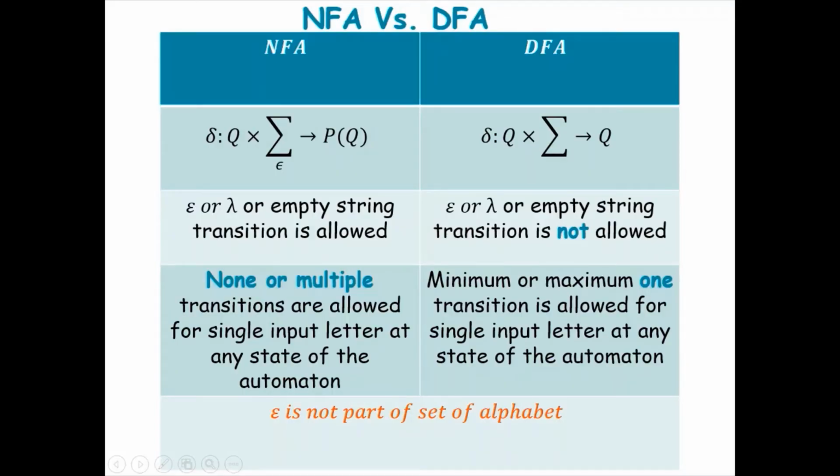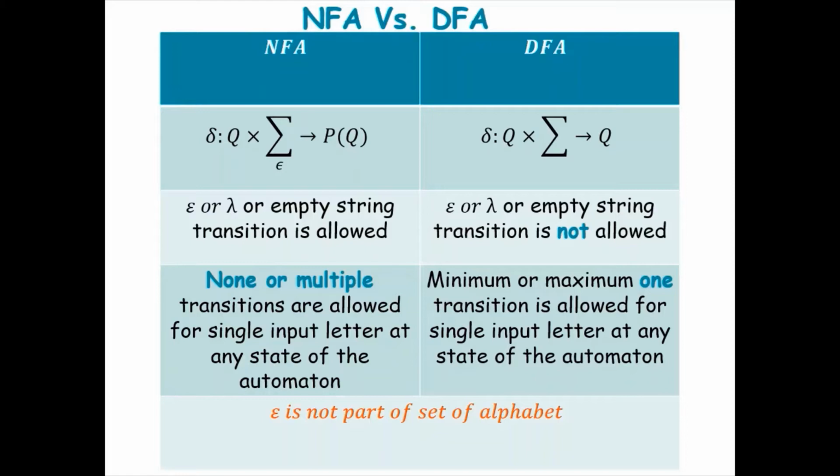Next, we will see the differences between NFA and DFA. As I told you earlier, the transition function of an NFA and DFA is not the same. The first difference is that in NFA, epsilon or lambda or empty string transition is allowed, whereas in DFA, empty string transition is not allowed.